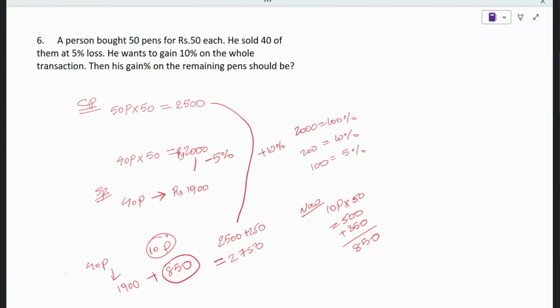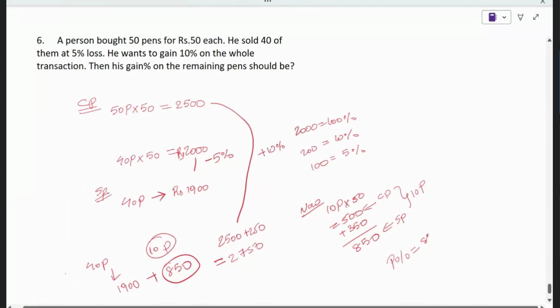This is cost price, this is selling price of 10 pens. Profit percent is selling price 850 minus cost price 500, divided by cost price, into 100. 350 cancels by 5, per pen 70%. So this is the answer.